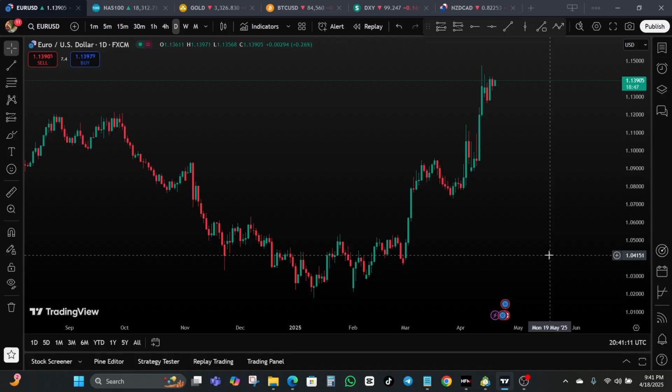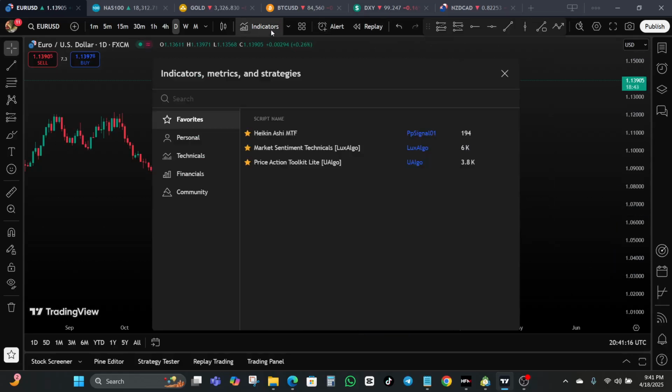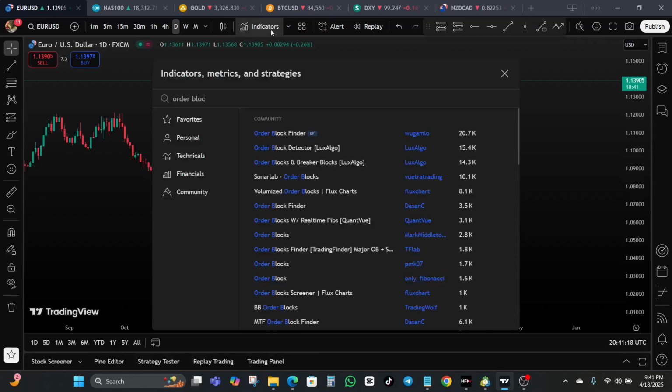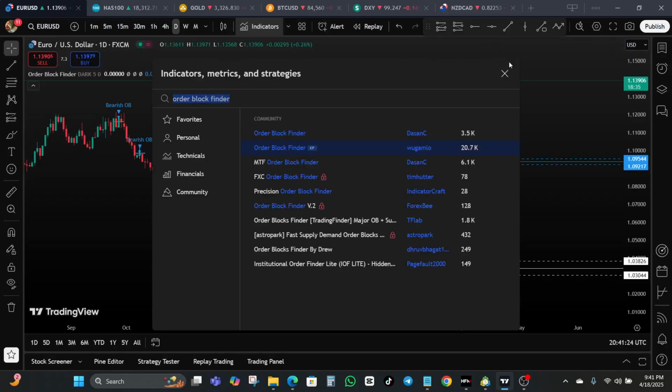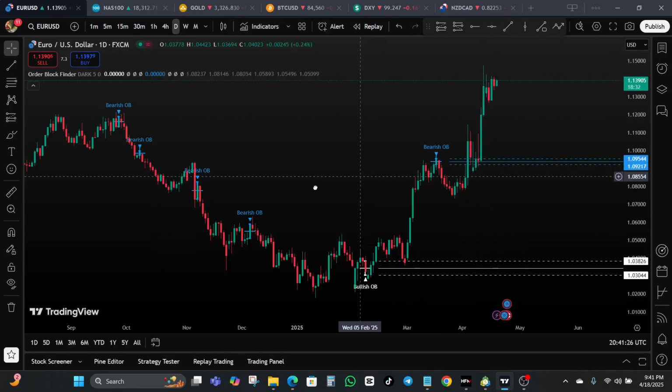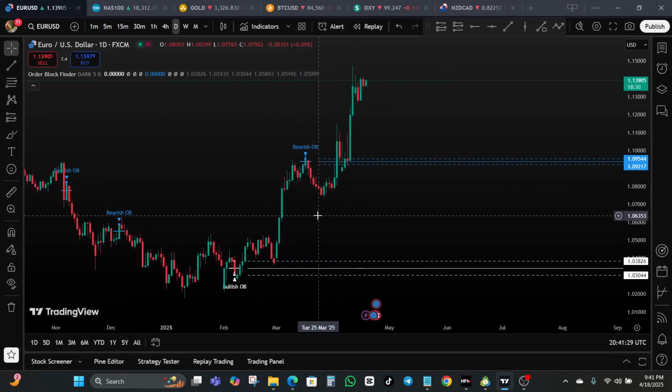First, the order block finder. All right, let us use the order block finder. Let's add the order block finder indicator to the chart. Okay, so this indicator uses smart algorithms to detect zones where institutions have previously entered the market with large orders.